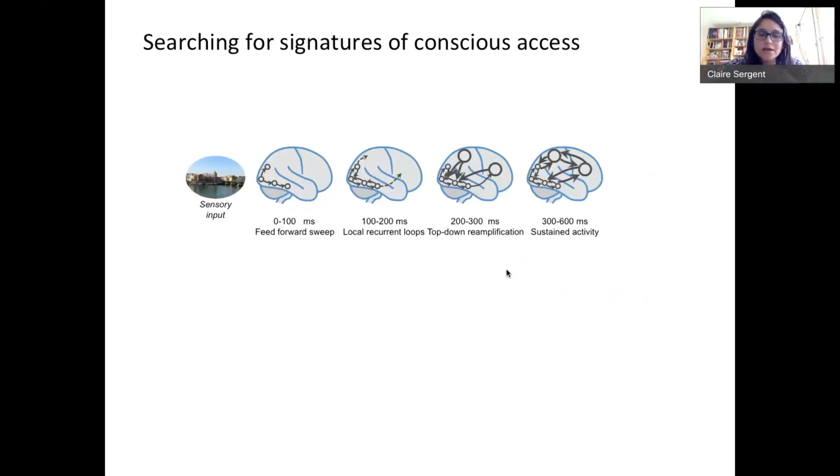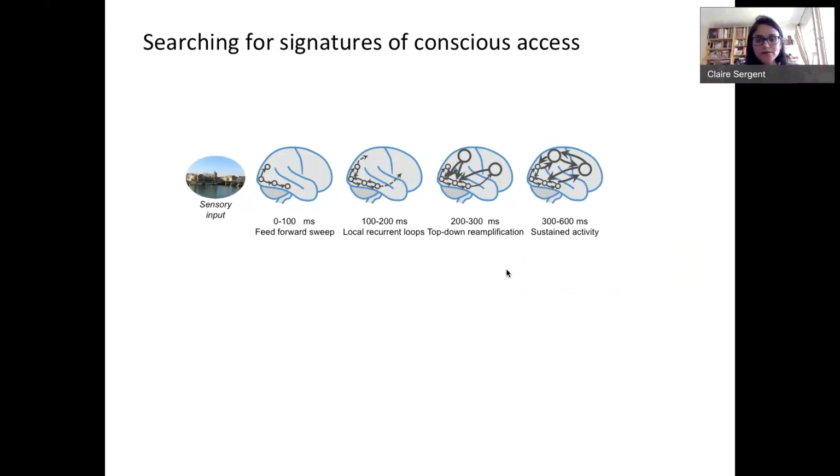Okay, so first, what do we know about these neural correlates of conscious access? Well, we know much more than 50 years ago, because when we contrast conscious versus unconscious processing, we can see all the neural events that differ between these two processes.